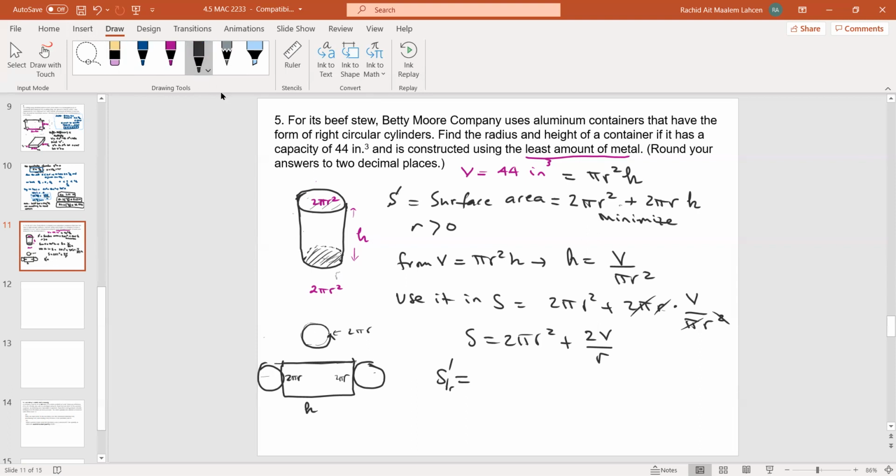With respect to r, so you get 4 pi r minus 188 over r squared. Of course, you do the quotient rule on this, or reciprocal rule.